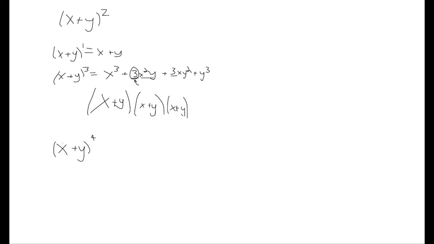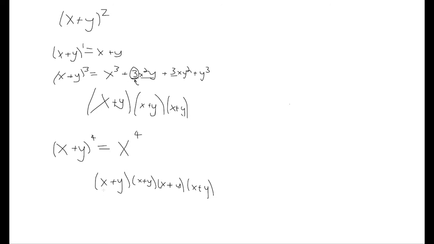Well, let's just draw out all of these x plus y's. There are going to be 4 of them. Okay, what sorts of combinations of x's and y's are we going to get? Well, let's think about that. We could have 4 x's, right?